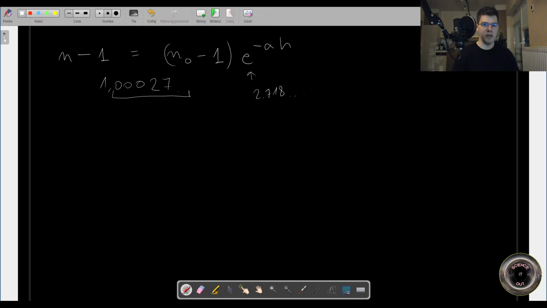It's the famous constant, the basis for the natural logarithm. Yeah, and so that was basically the initial model for the atmosphere.